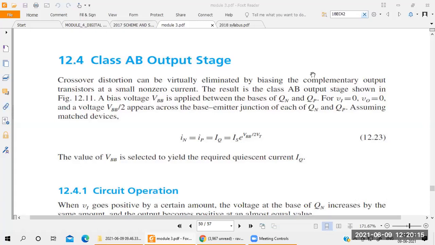We can eliminate the crossover distortion by using the biasing method for the NPN and PNP transistors, because they are given a DC supply. So by applying the DC supply, we can eliminate the crossover distortion. Understood? So the class AB output will almost get greater than 180 and less than 360-degree cycle.